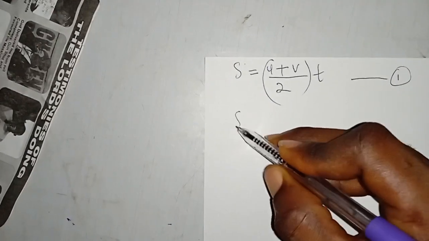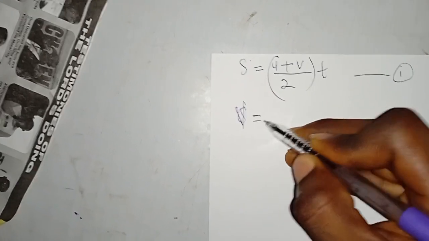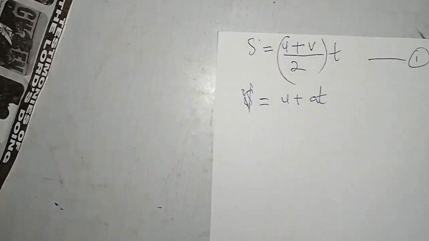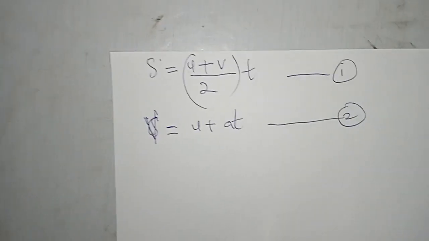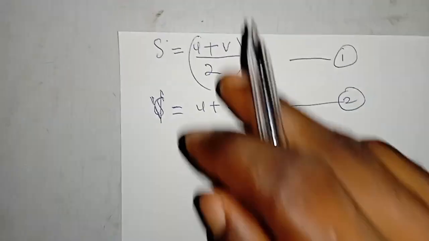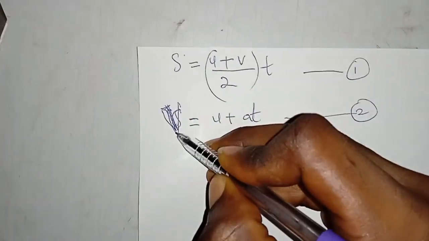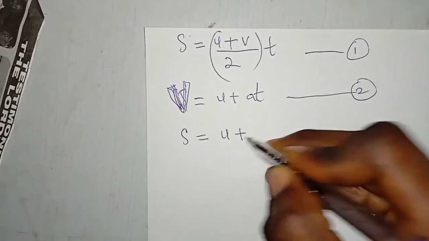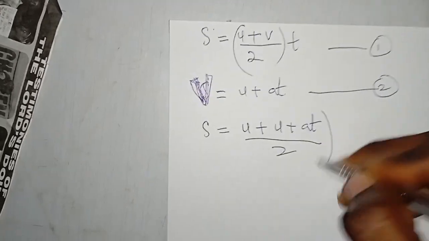Then remember that equation 2 gave us that v is equal to u plus at. So all you need is take equation 2 and put it inside equation 1. Anywhere you see v, replace it with u plus at. So that s now becomes (u plus at) all over 2 into t.